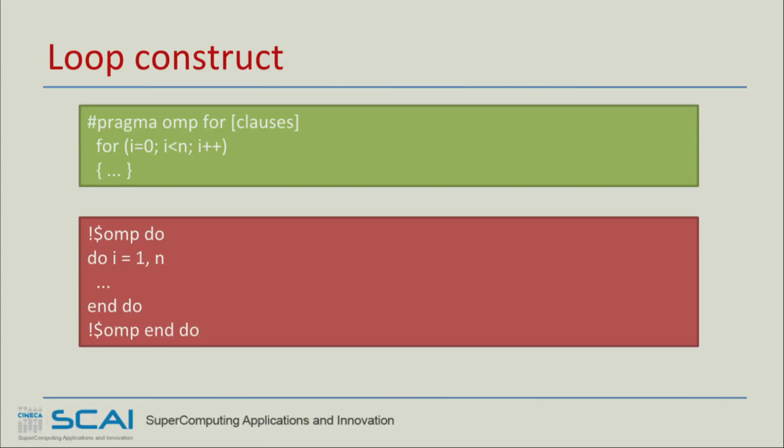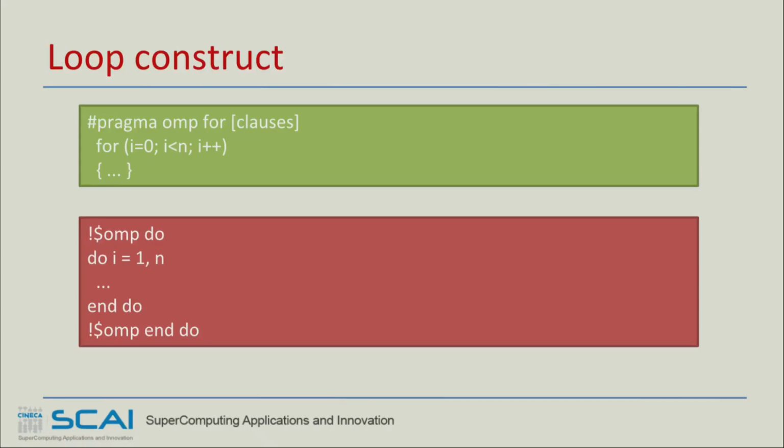Okay. It's quite simple. In C, you should just add the for keyword. And here, this is the loop, and then the bracket. This loop here will be parallelized over the index I. In Fortran it is more or less the same, in which you should have two statements, one at the beginning and one at the end.